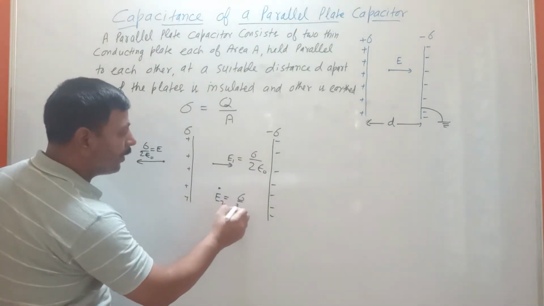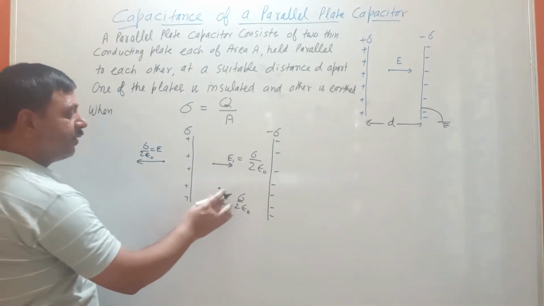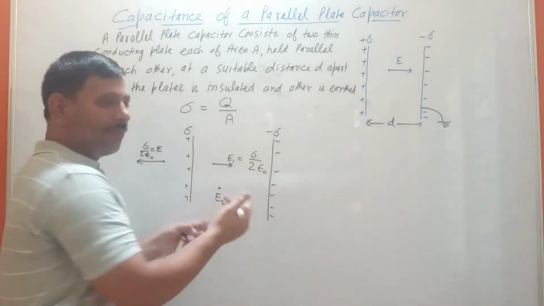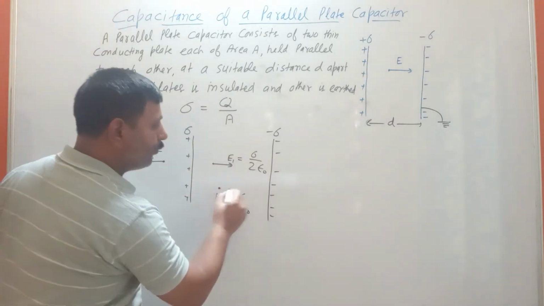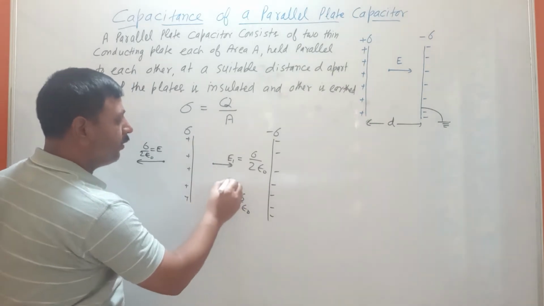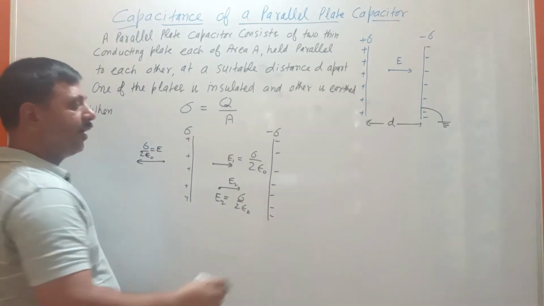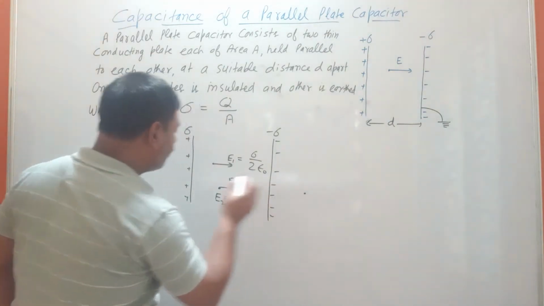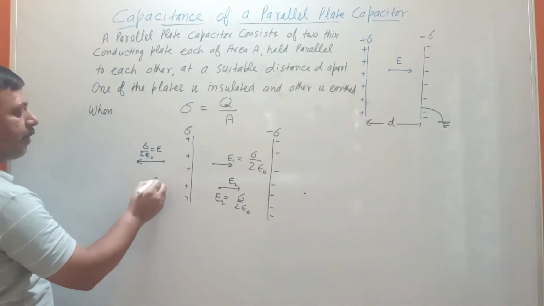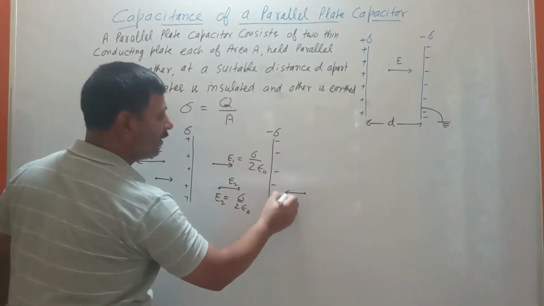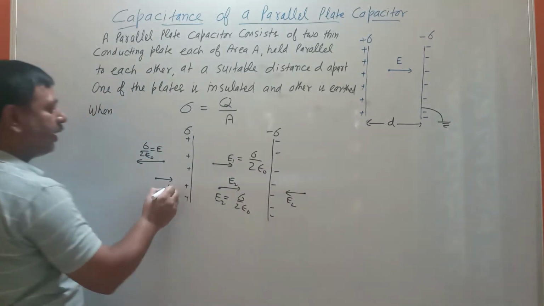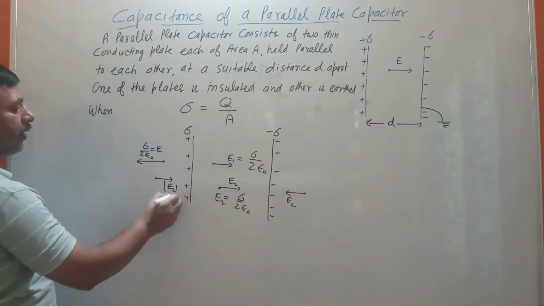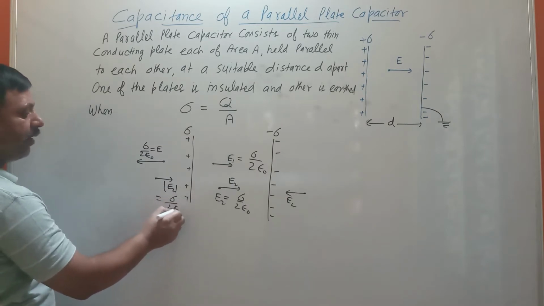Its magnitude is sigma upon 2 epsilon naught, but the direction is perpendicular and towards the negative plate. If we take a point outside, E2 has the same magnitude, sigma upon 2 epsilon naught.